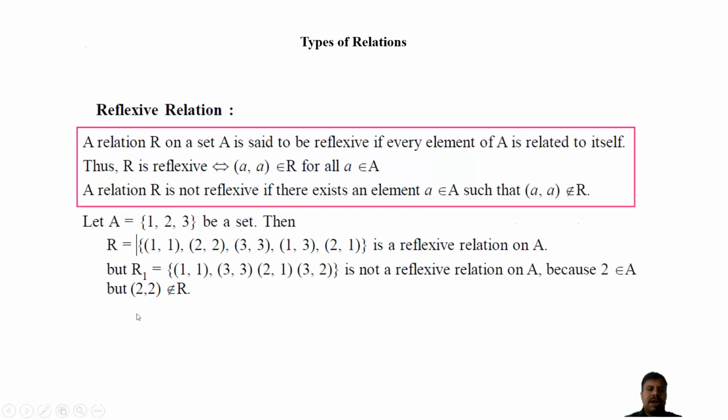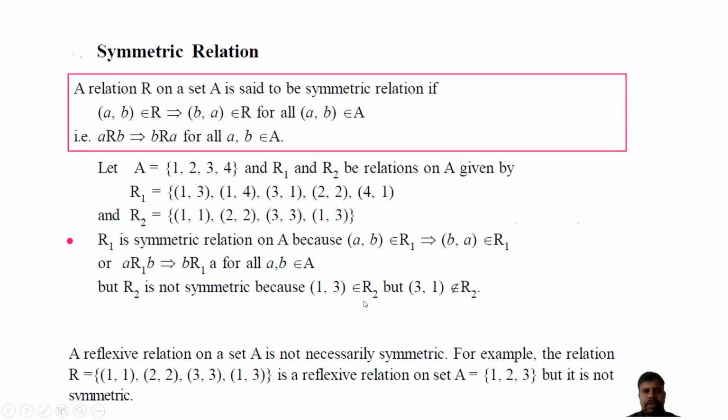But consider R1 = {(1,1), (3,3), (2,1), (3,2)}. It is not reflexive. Why? We have the original set {1, 2, 3}. Here 1 and 3 satisfy reflexivity, but 2 does not, because (2,2) is not there in R1. That's why it is not reflexive.